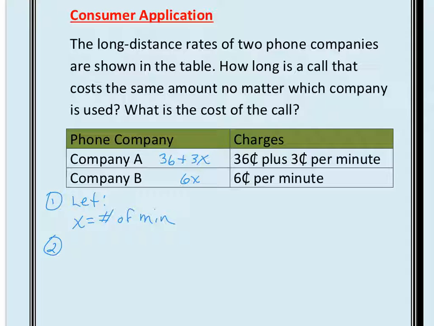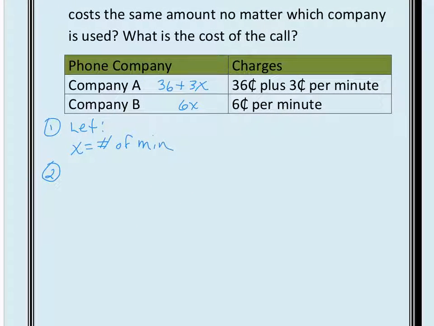So to determine how long a call is that costs the same no matter which company, you're going to set the costs of each of these companies equal to each other, because if this cost equals this cost, we'll find the number of minutes that create that situation. So 36 plus 3x equals 6x.